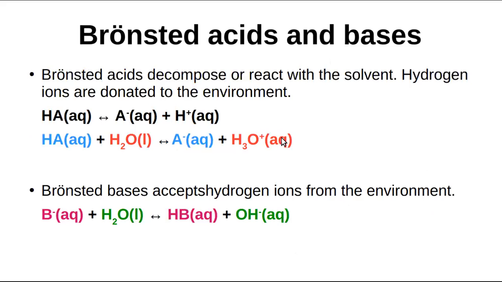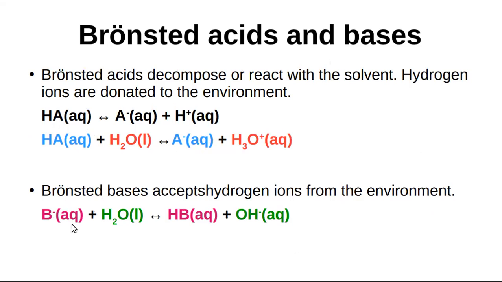A typical Brønsted acid is something that reacts with water, or in a short form, we can say that it donates the hydrogen to the environment. And a typical Brønsted base is something that reacts with water.